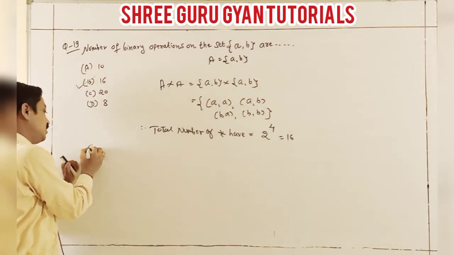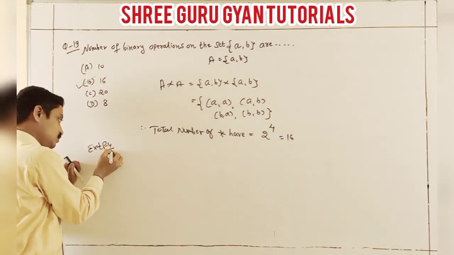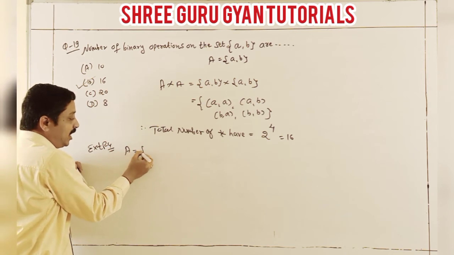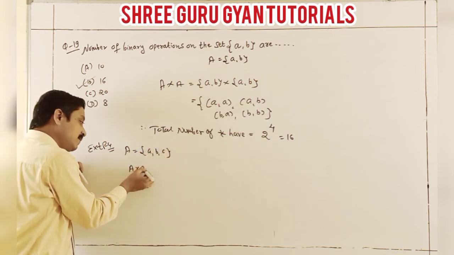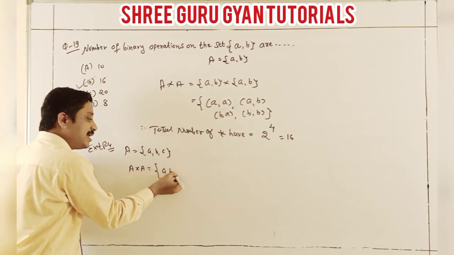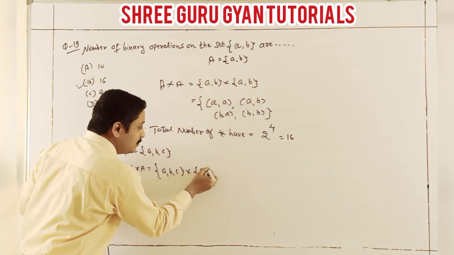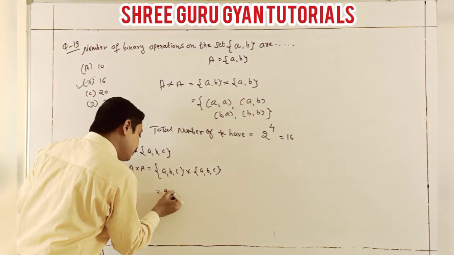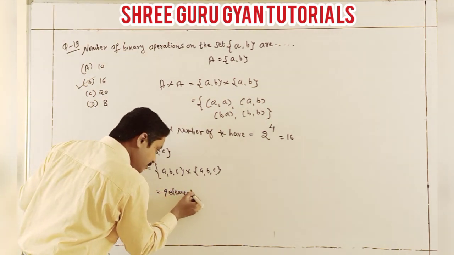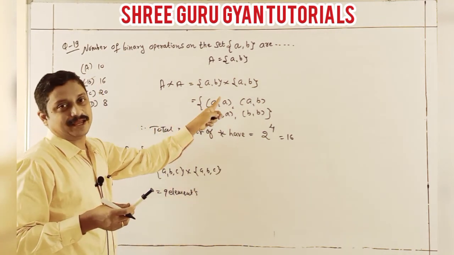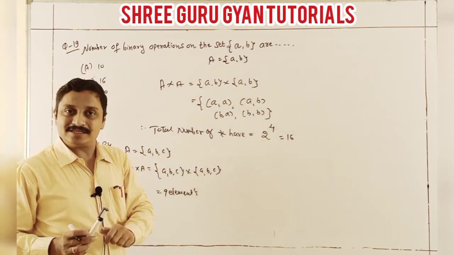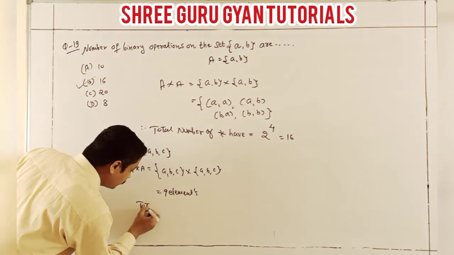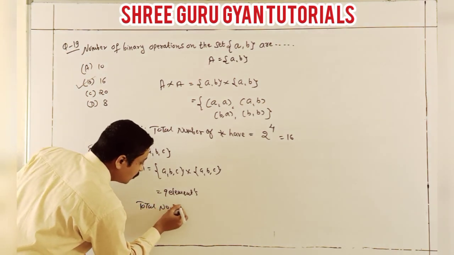But I give you one extra sum. Very easy. If you have A, B, C, just like 3 elements, then how much is A cross A? Yes, ABC cross ABC. You get 9 elements: AA, AB, AC, BA, BB, BC, CA, CB, CC. So how many total binary operations here?